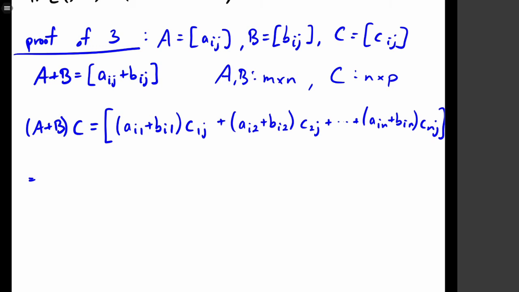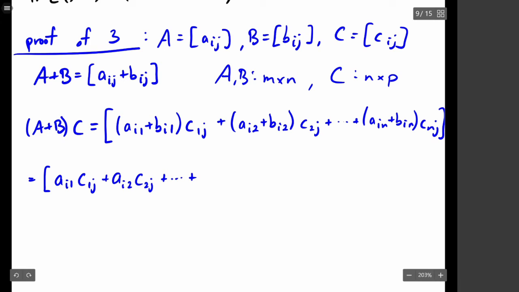And then we're going to group the things with A's together and the things with B's together. So if we do all the A's, we get A_i1 C_1j plus A_i2 C_2j all the way up to A_in C_nj.